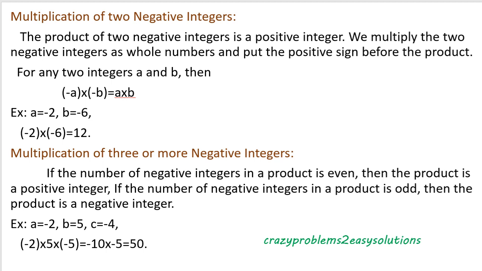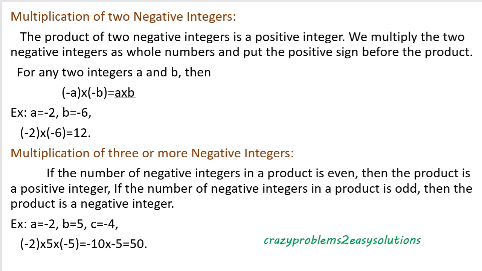Multiplying three or more negative values. If the number of negative integers is even, then the product is a positive integer. For example, A equal to minus 2, B equal to 5 and C equal to minus 4.